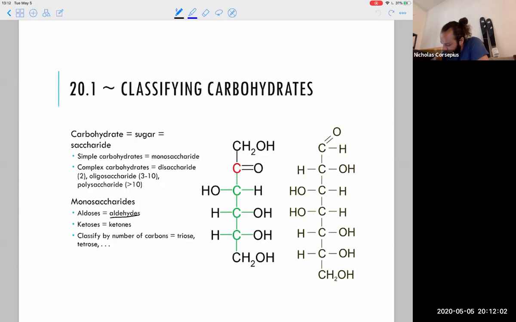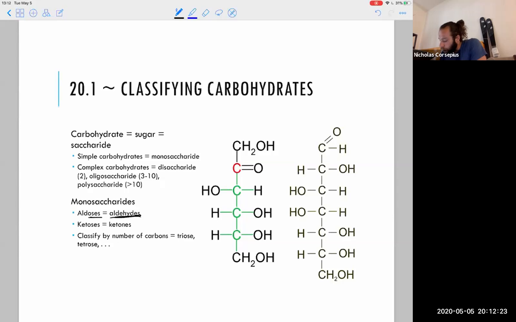So now we got a fancy word here. Our sugars that contain aldehydes, those are aldoses, and this ose ending is going to be something that we're going to hear over and over and over again talking about sugar. If you hear ose, it's a good indication that that particular word pertains to sugars.